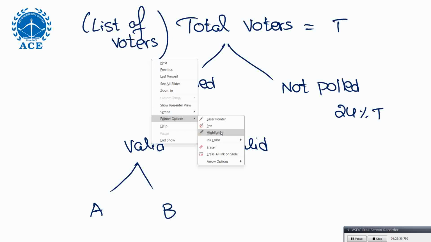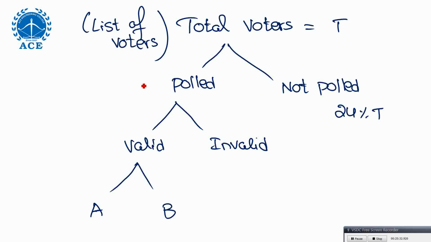So how many polled? 76% are polled. Then they said how many invalid? 150 are invalid. Valid is how much? 76% of T minus 150. Yes or no?